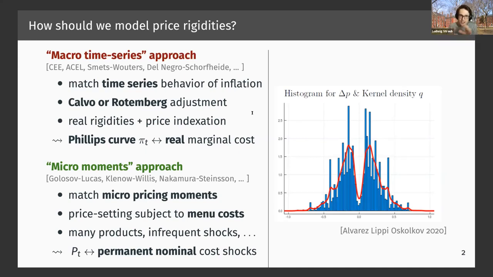And the standard experiment that's being done at the end of the day in these kinds of models is typically we feed in a permanent nominal cost shock, and we figure out what the price level and output responses are from that. So it's a permanent nominal shock relative to a general real marginal cost shock.